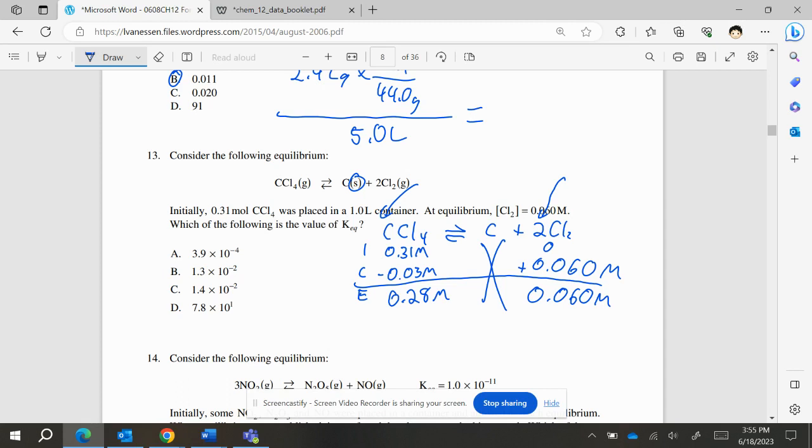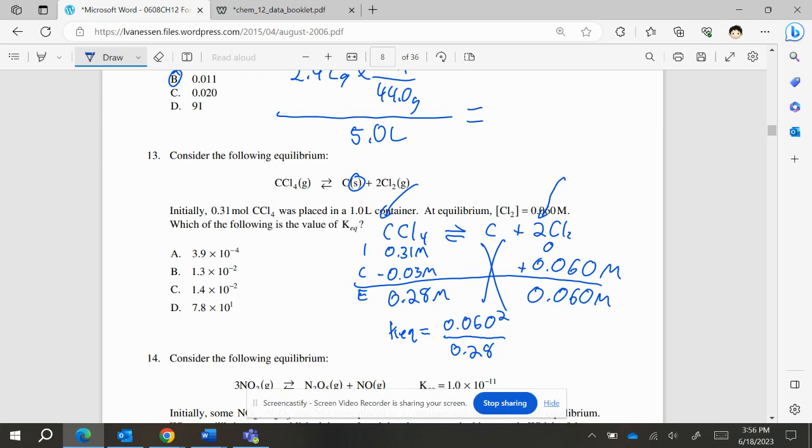So now I'm going to throw this into my KEQ expression, and KEQ equals the products, which happen to be, again, we're not putting carbon in there, so that's going to be 0.06. And since we have that 2 there, that's squared over 0.28. And that's not squared because there's only a 1 as a coefficient in front of that.